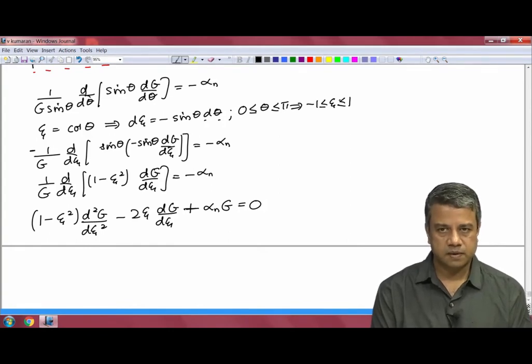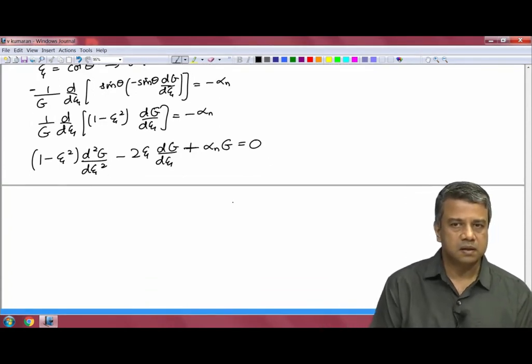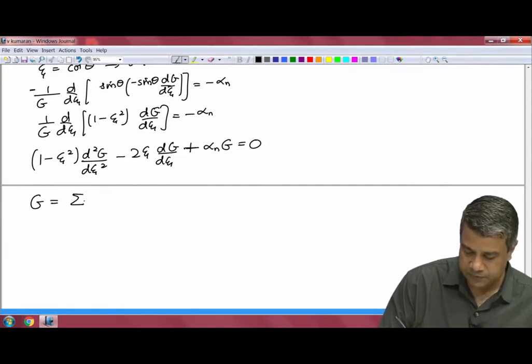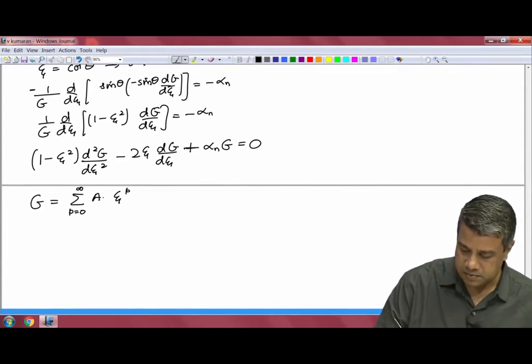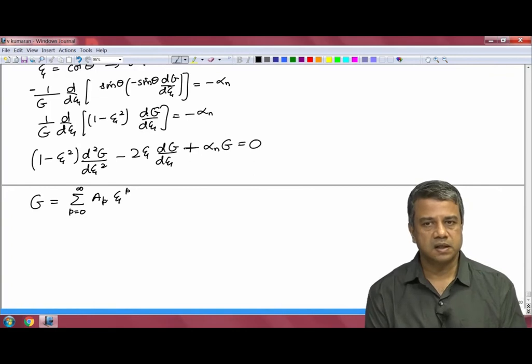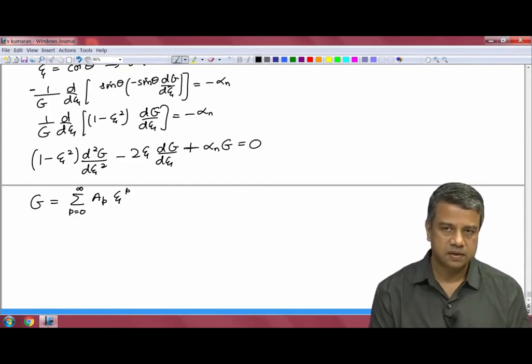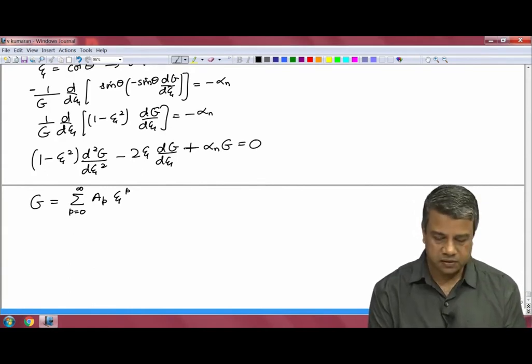How do you solve this problem? One way to solve this problem is to expand in a series, g is equal to sigma p equal to 0 to infinity a p psi power p. Such a solution is always possible because psi is bounded between minus 1 and plus 1. So, in the normal course you would expect this series to converge because psi magnitude is always less than 1. How do we find these coefficients?